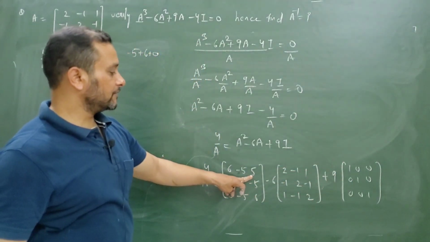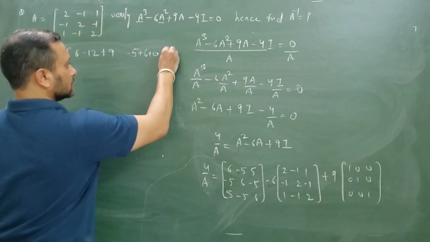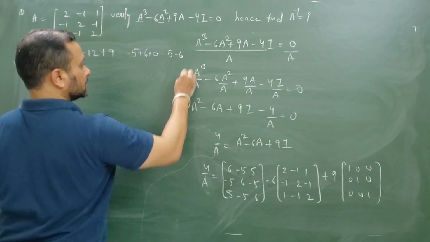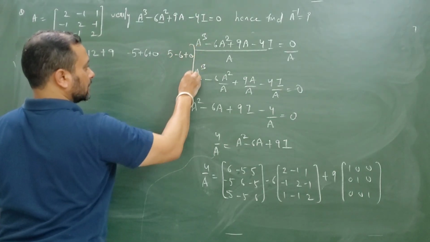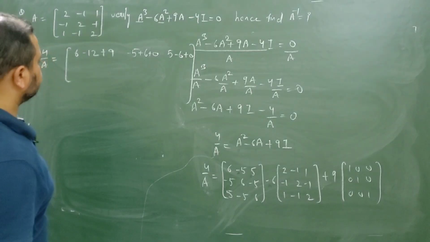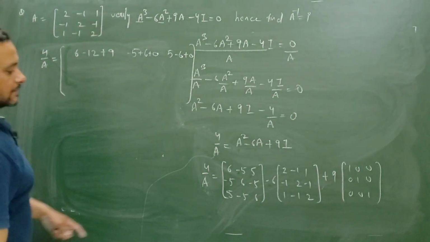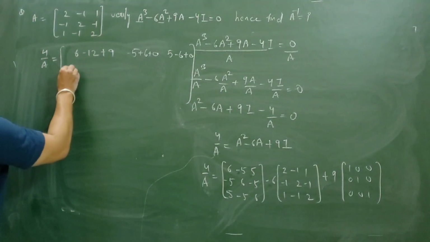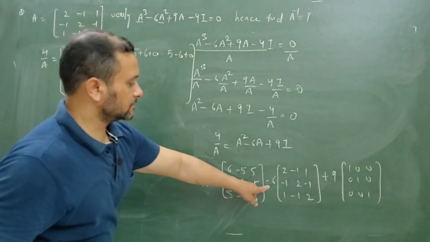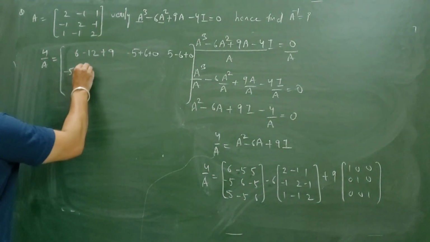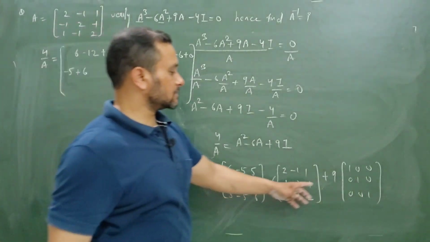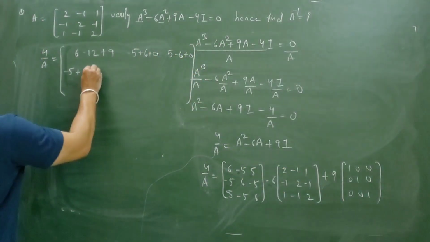The third one, 5 and minus 6, 5 and minus 6. Again the third one is 0. Next is minus 5, minus minus plus 6, 9 times 1 is 9, 0.